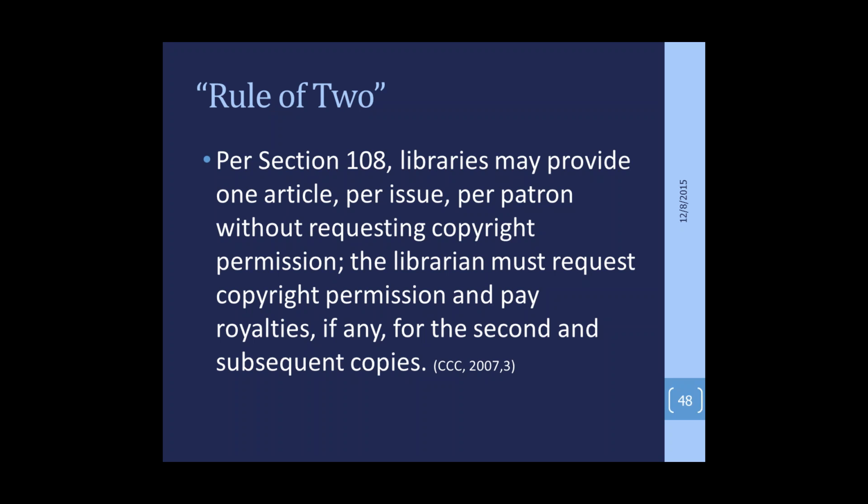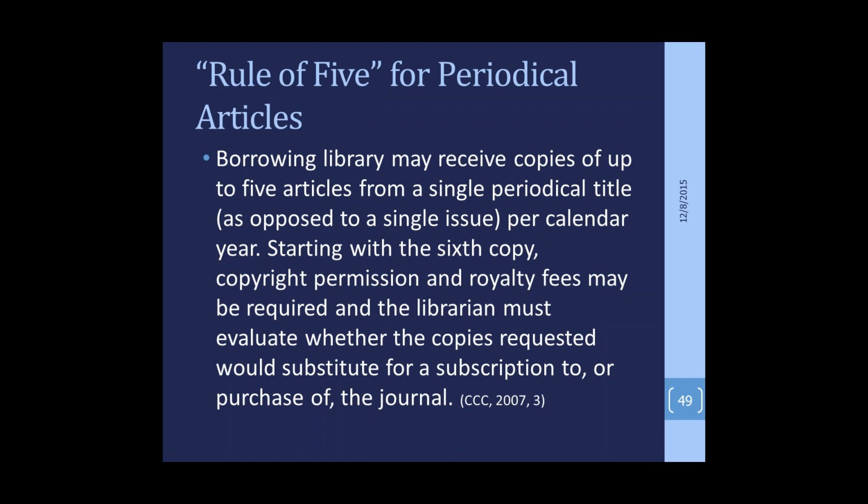We're going pretty fast here. The rule of 5 is for periodical articles, and I would guess a lot of you are following this one. Basically what that means is that the borrowing library can receive copies of up to 5 articles from a single periodical title, not one issue but the title, per calendar year.